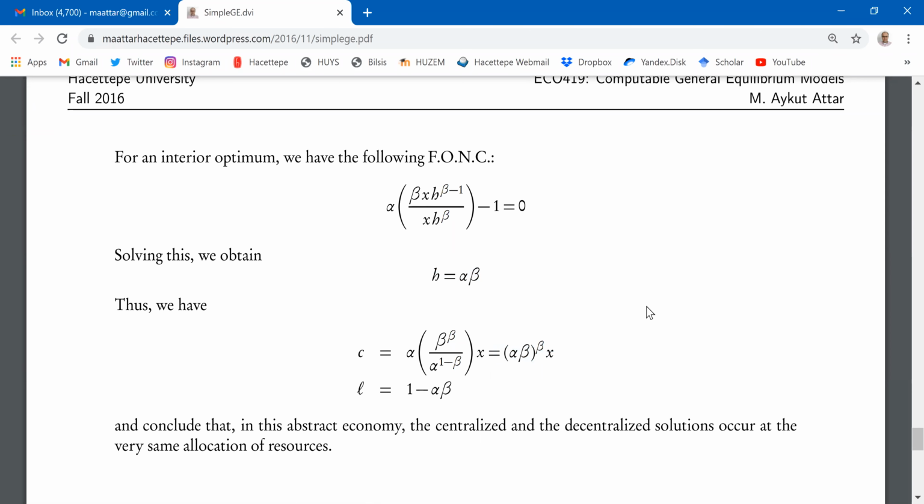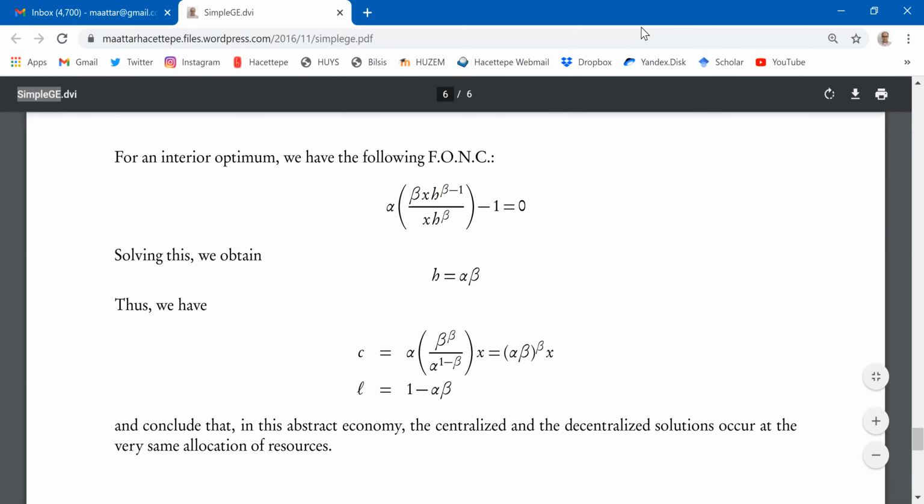As you see directly, these are the same parametric solutions that we obtained for the competitive or decentralized case. Now, why is that? Why can the social planner not improve the competitive free market equilibrium? Any ideas?